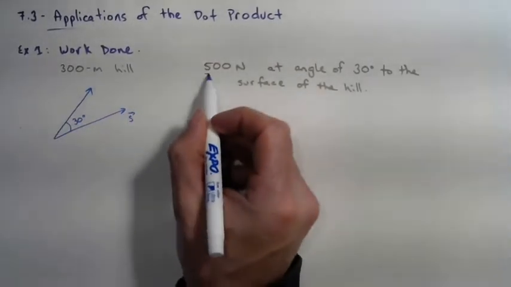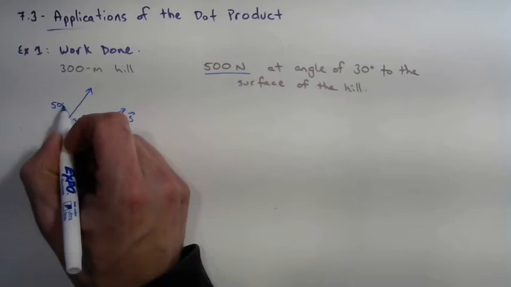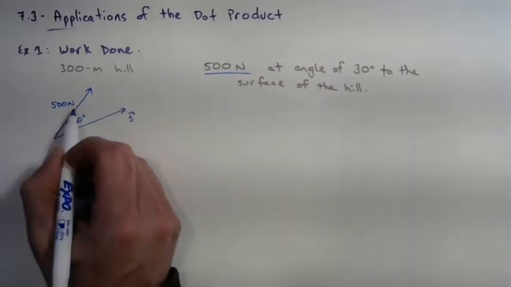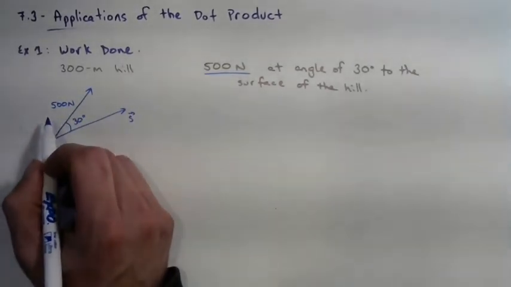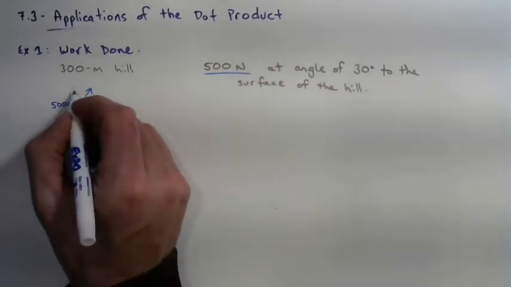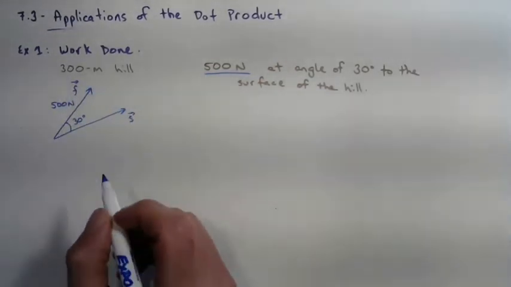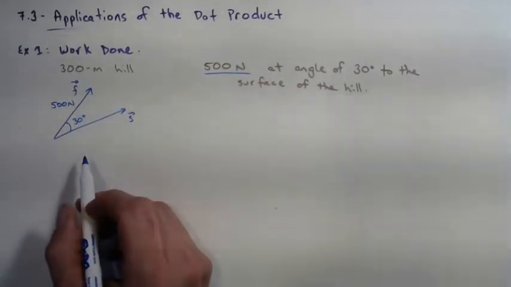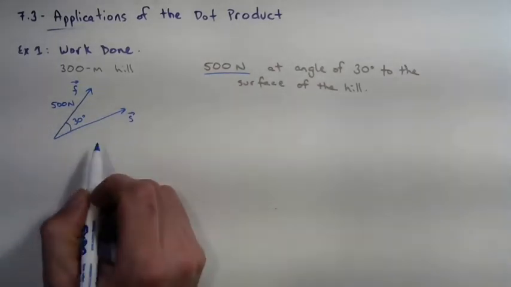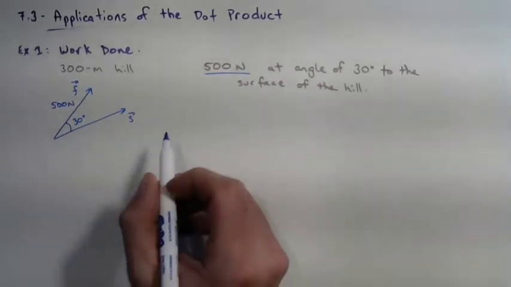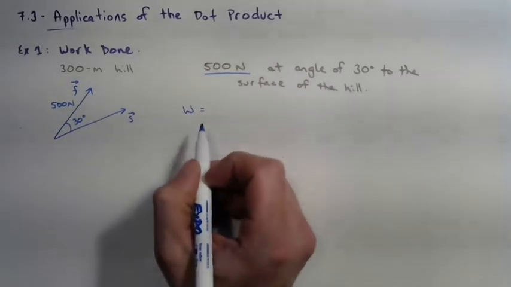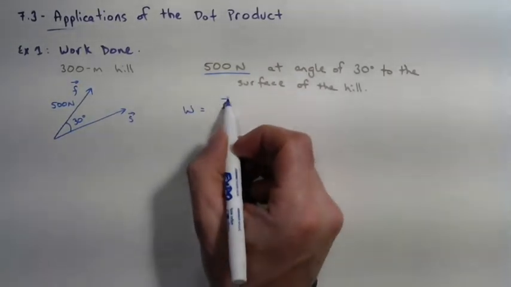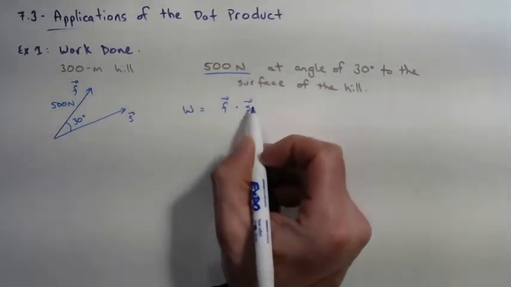How much force is 500 newtons? Okay, that is the magnitude of the force vector. I'm just going to call this force with a little arrow on top. So there's our diagram. So F is the force vector, S is the displacement vector, work done, capital W, then is the dot product of F and S.